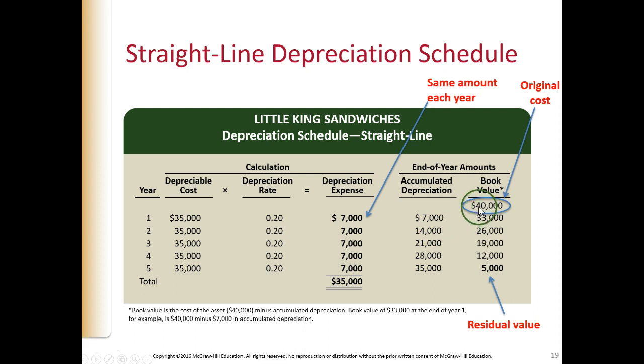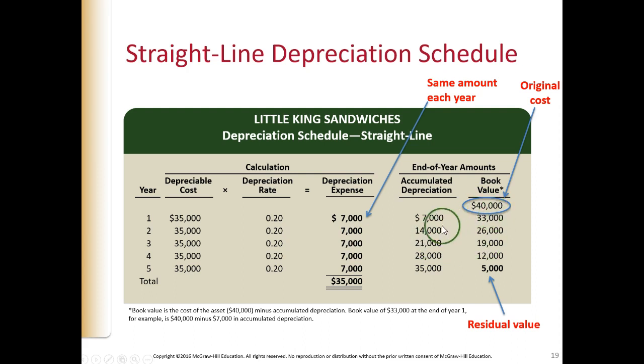Take 14 from the original 40, and we have $26,000 book value. In year 3, same thing, $14,000 the year before accumulated depreciation, add 7 to get 21. 40 minus 21 gives us 19.